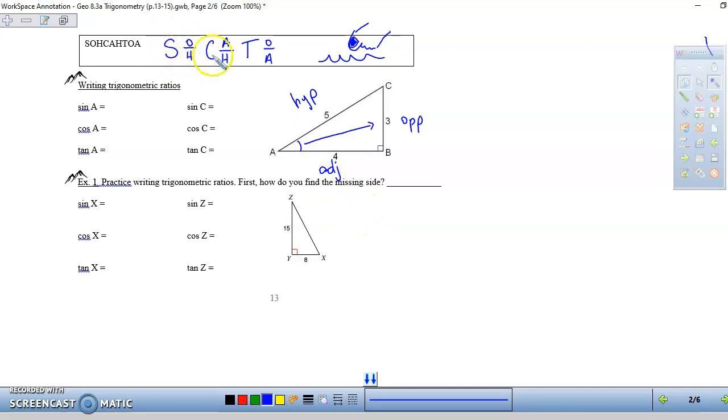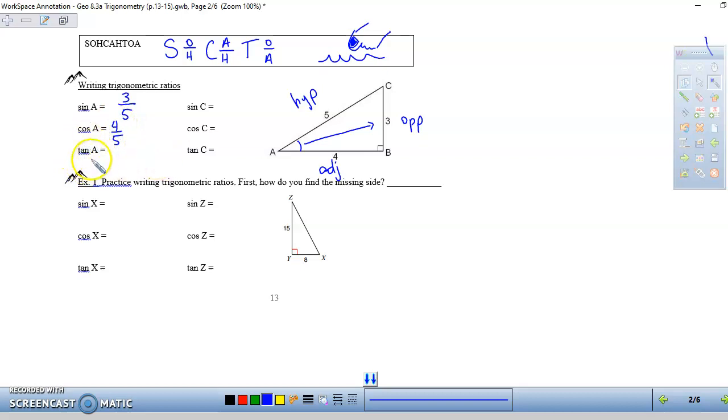So looking at Sohcahtoa with angle A, the ratio or fraction for sine of A would be opposite over hypotenuse, or in other words, 3 over 5. The cosine for angle A is adjacent over hypotenuse, so that would be 4 over 5.